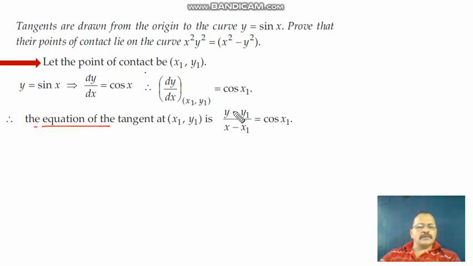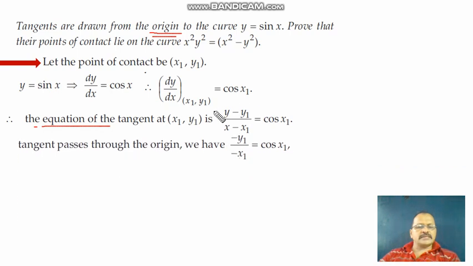Now this tangent passes through the origin, and therefore put y and x both equal to 0. So putting x and y both equal to 0, we get minus y1 upon minus x1 is equal to cos of x1, and therefore y1 upon x1 is equal to cos of x1.